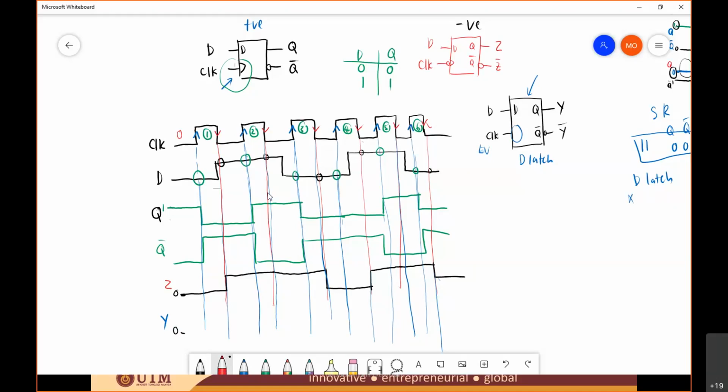Untuk latch, kita tak tengok dia punya rising edge or falling edge, kita tengok dia punya level trigger, sama ada dia kosong ke 1. Kalau kosong, what happens for D latch? Siapa nak tolong? No change. Okay, follow the previous Q.